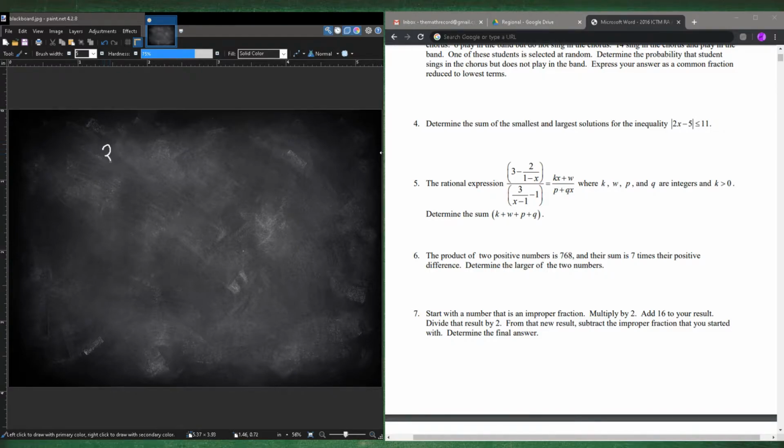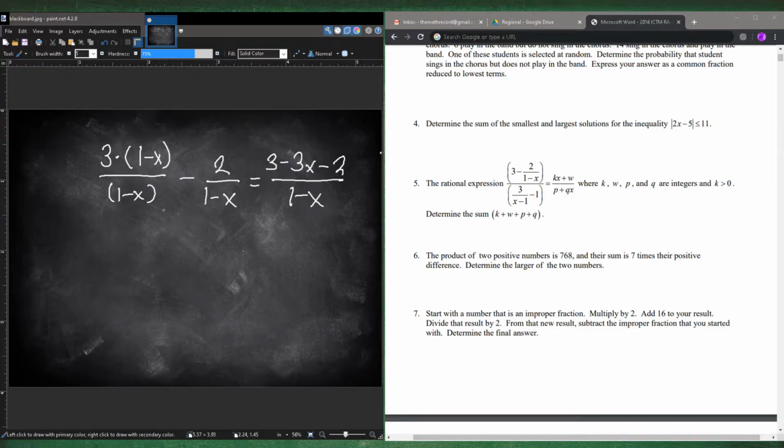To make the numerator have the same denominator, we're going to multiply 3 by 1 minus x over 1 minus x, minus 2 over 1 minus x. So that should simplify to 3 minus 3x minus 2 over 1 minus x. And that should simplify to negative 3x plus 1 over 1 minus x.